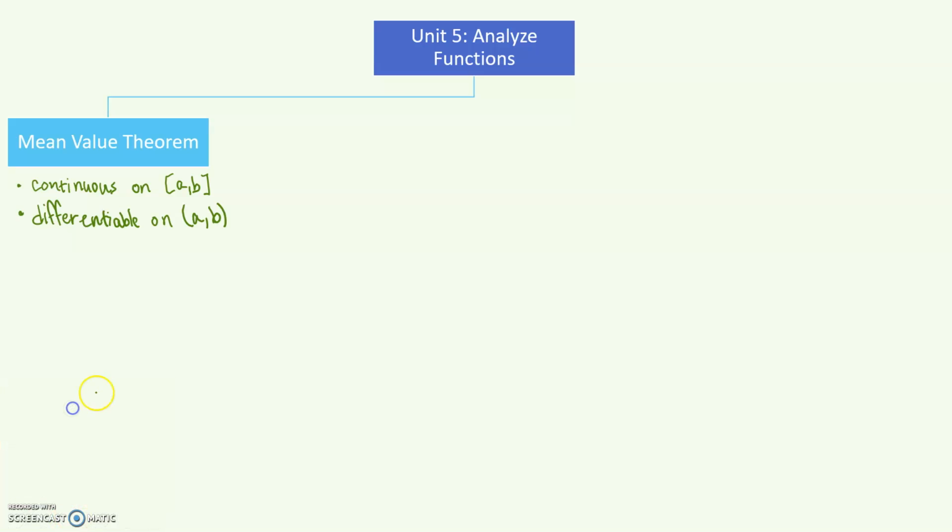And what it says is that if you take the derivative, or the instantaneous rate of change, there exists some point on the interval such that that derivative is equal to the average rate of change.